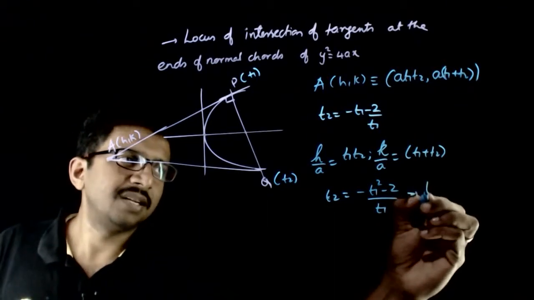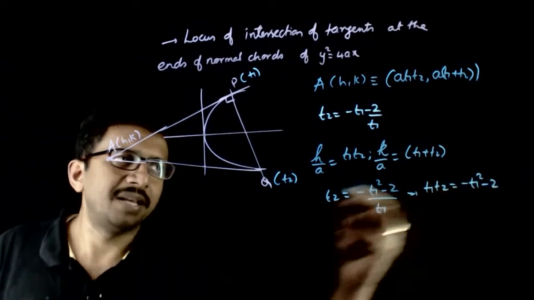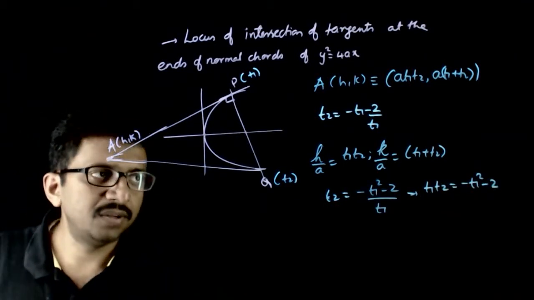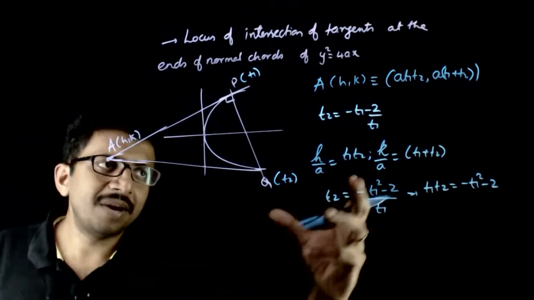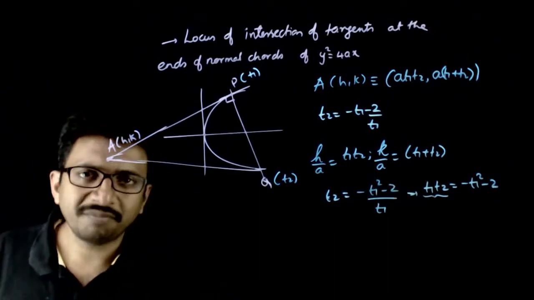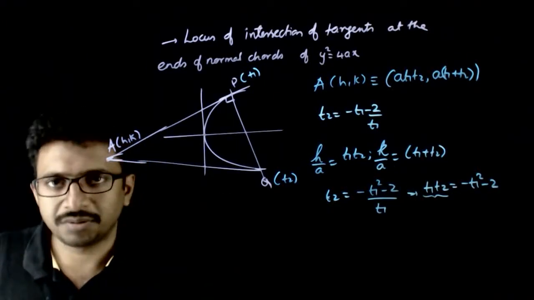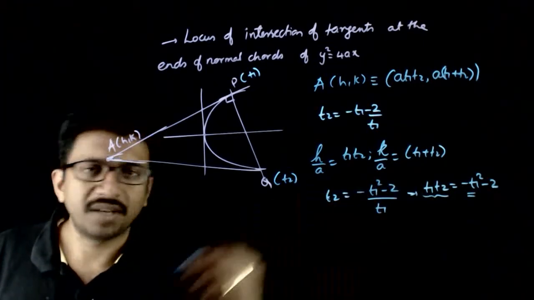This implies T1 T2 is equal to minus T1 square minus 2. If you combine all these equations, this term is nothing but H by A, and you have to eliminate this also. So let us see what T1 square is.